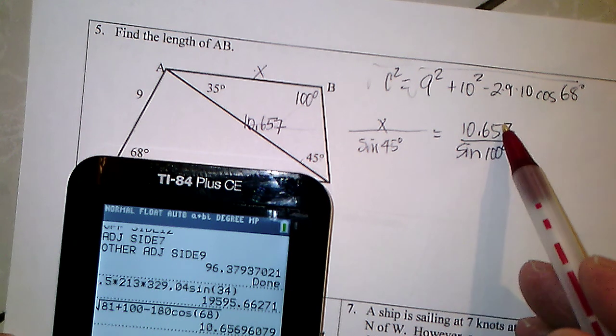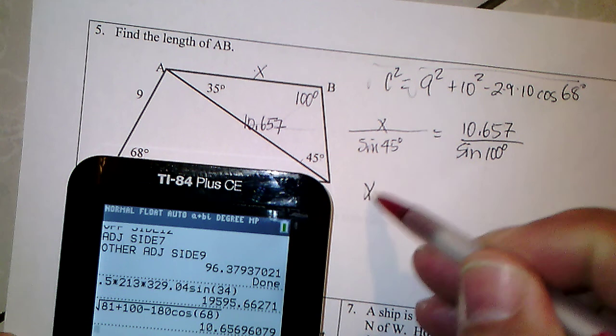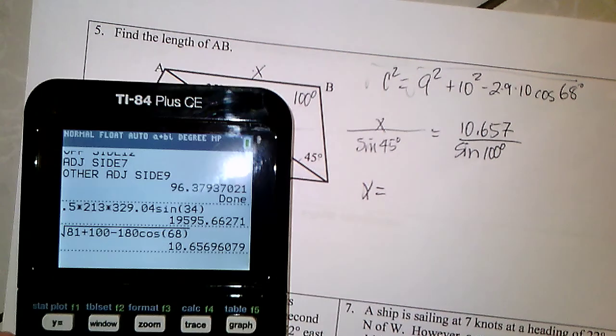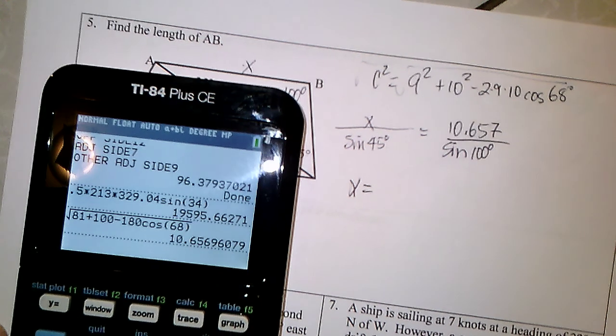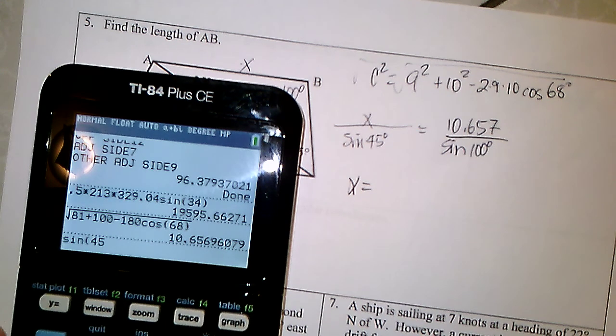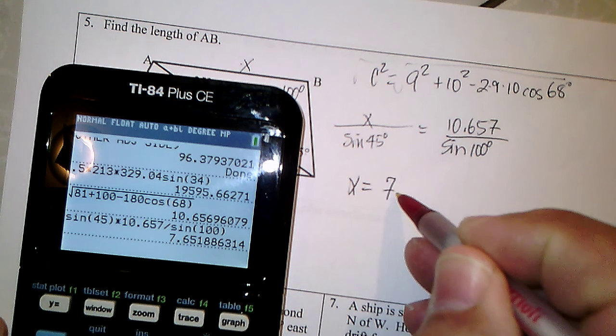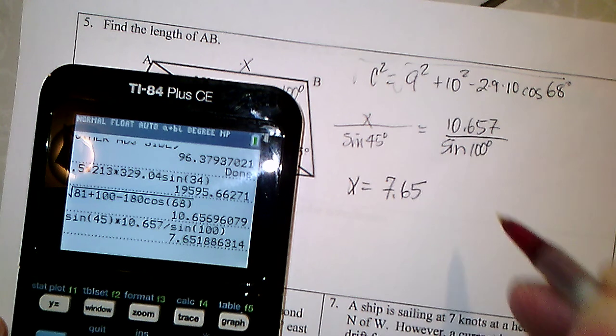So I multiply by the sine of 45 on both sides, and I get x equals sine 45 times 10.657 divided by sine 100, and I get 7.65.